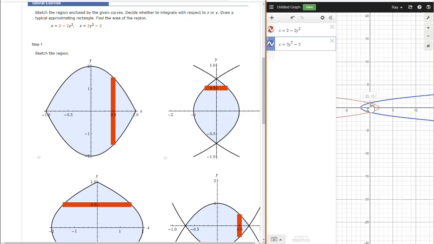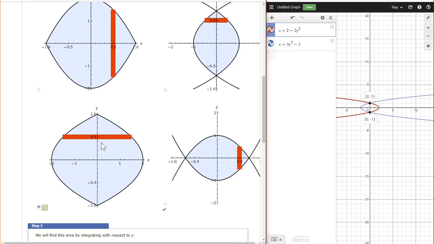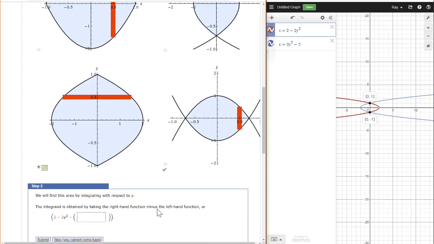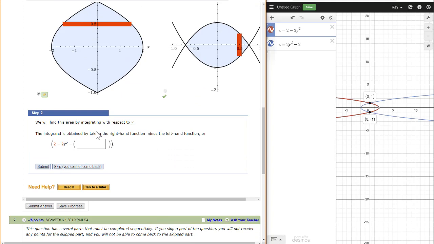We can see the intersections here at (0, 1) and (0, negative 1). That's going to give y values of negative 1 and positive 1. We can see that here in the choice picture that we selected also. All right. And so we'll find the area by integrating with respect to y.